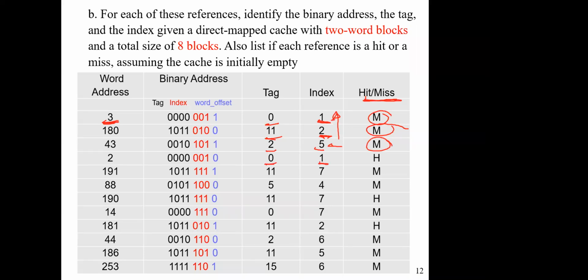Index 1 and tag 0, is that a hit or a miss? If it has the same floor number and the same tag number, does that mean it is a hit or a miss? First of all, I have to think about the spatial locality concept.